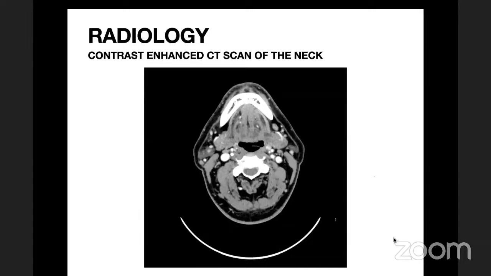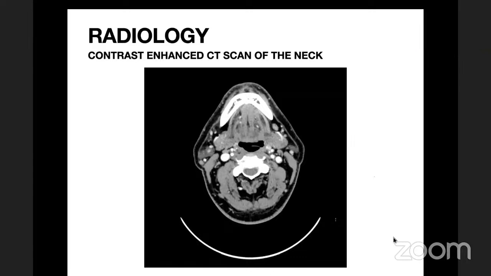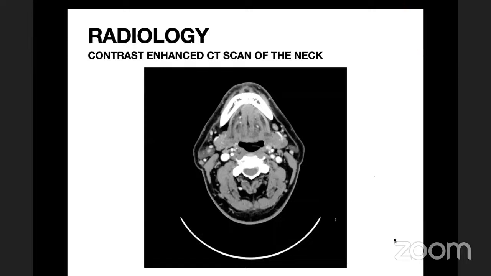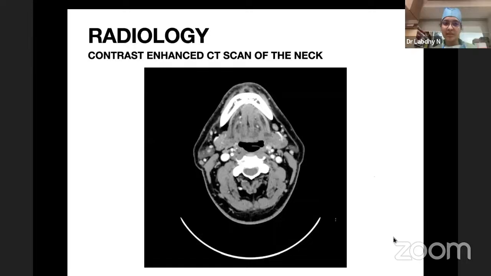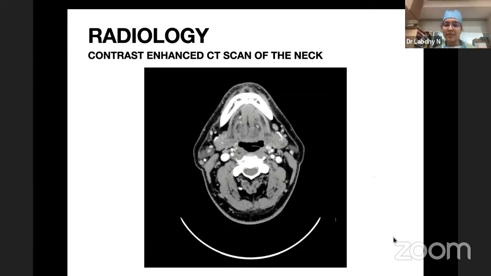Level 6, yes. So when will you look for level 6 nodes in laryngohypopharyngeal cancers? When there is a subglottic extension, in hypopharyngeal primaries, specifically piriform fossa sinus tumors. Which part of the piriform sinus? When the apex is involved.